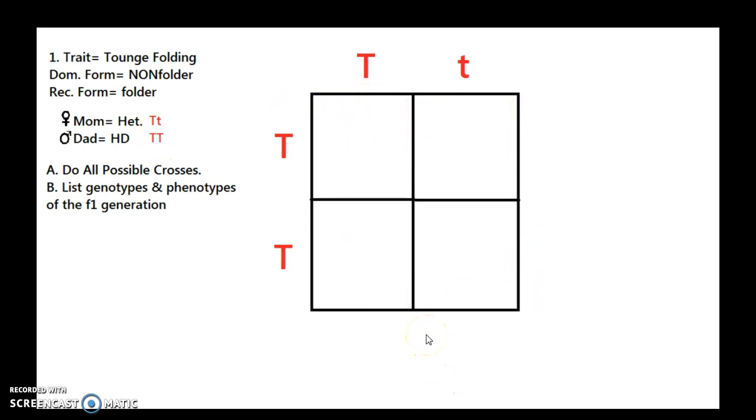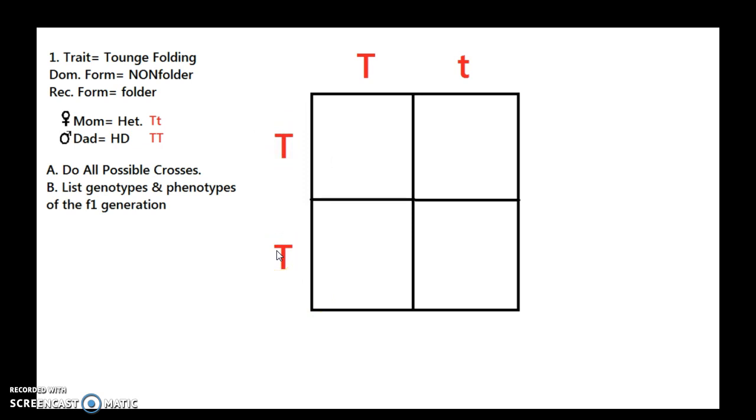I have to put one set of parents' genes on the top of the box and the other set on the side. I typically put mom on the top and dad on the side. I put a capital T at the top of one box and a lowercase t on the other, and the same on the side with dad's genes, a capital T here and a capital T here. So I have the Punnett square set up.